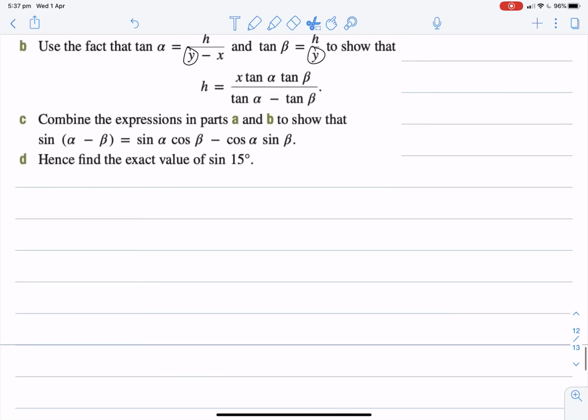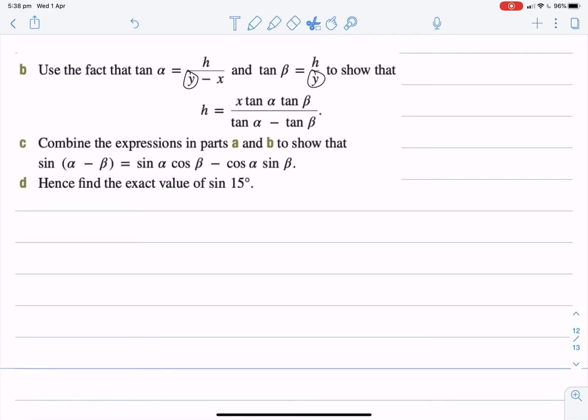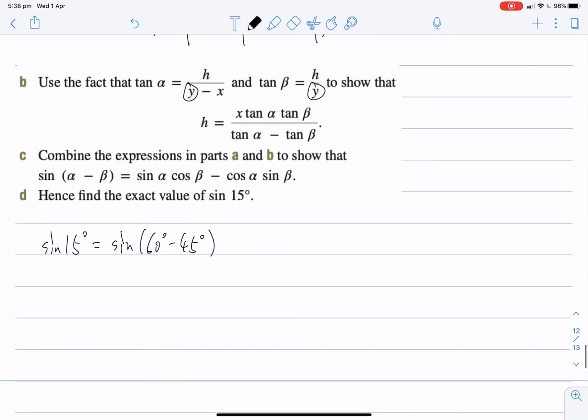The last bit here is the exact value of sine 15. Sine 15 is the same as, think about this, 60 degrees minus 45 degrees. So with this equation here, it's the same as sine 60 minus 45.